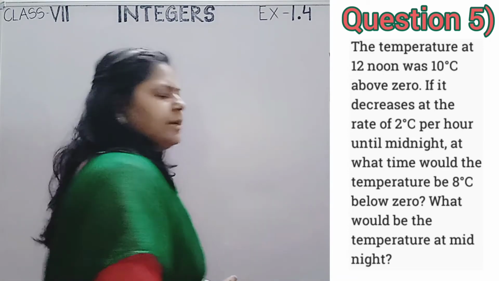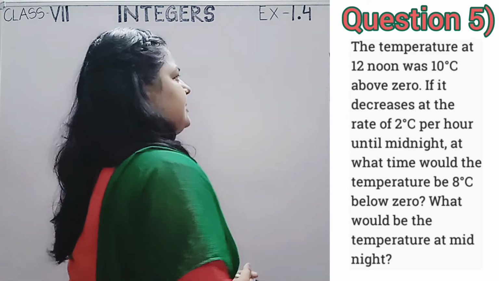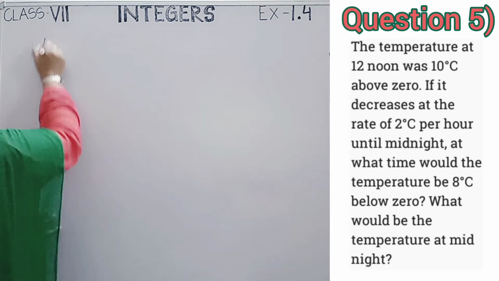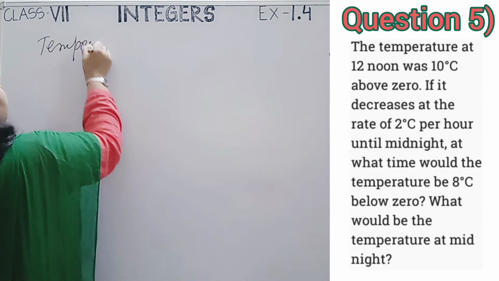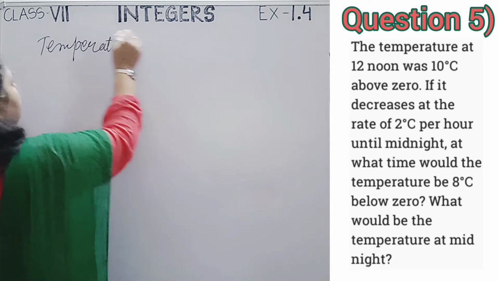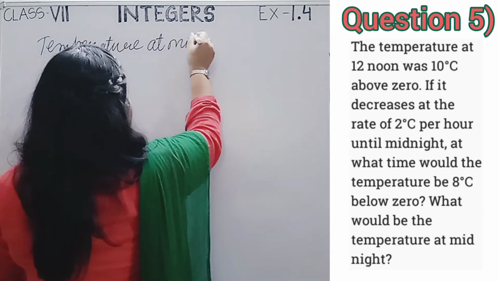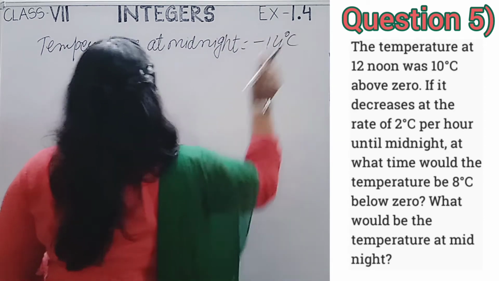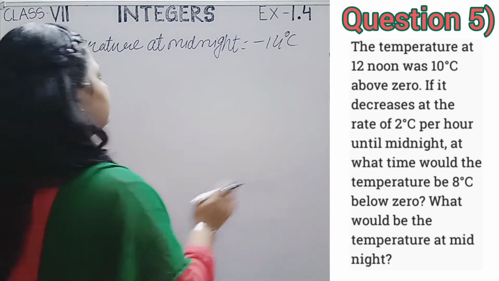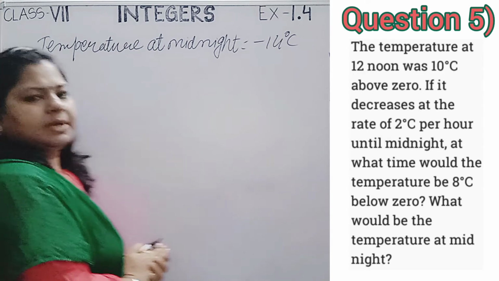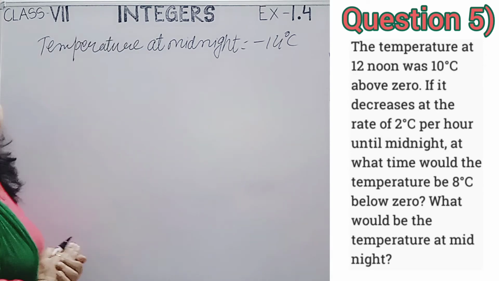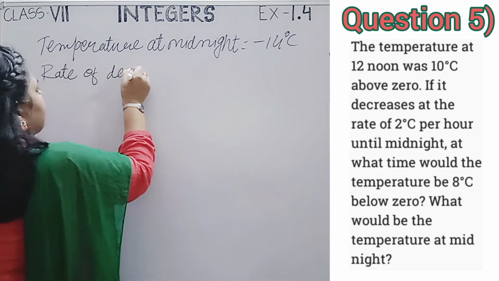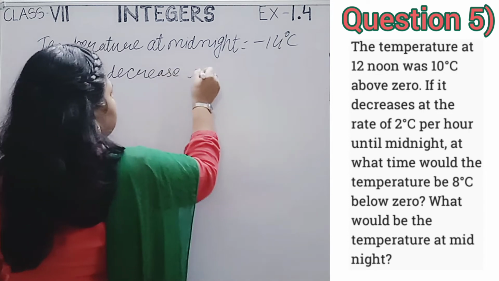Now we have to find at what time the temperature will be minus 8 degree Celsius. And temperature at midnight is minus 14 degree Celsius, we just found here. Midnight means 12 AM, and the rate of decrease in temperature is 2 degrees Celsius per hour.